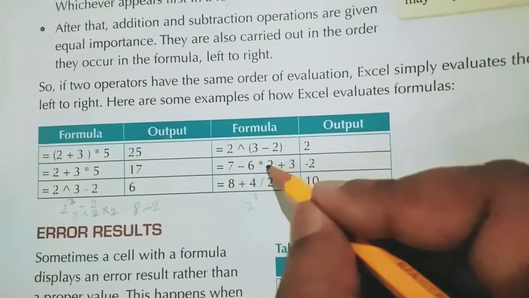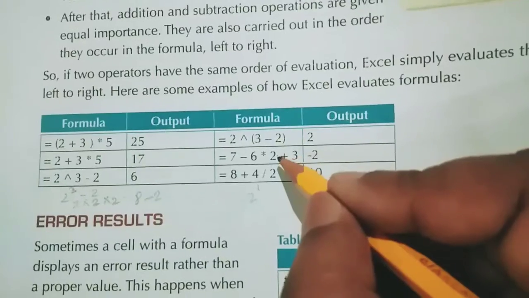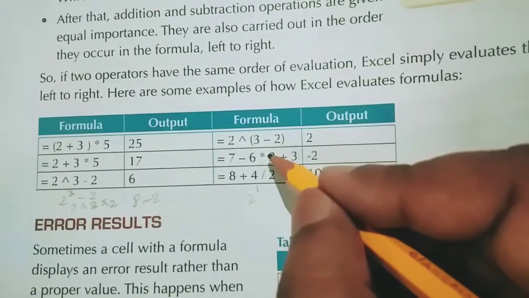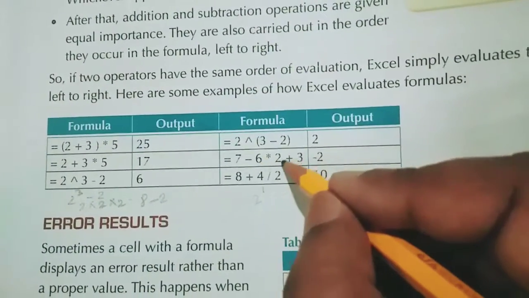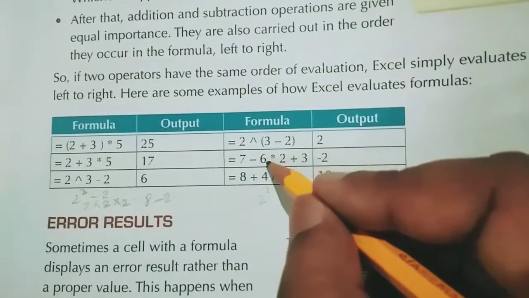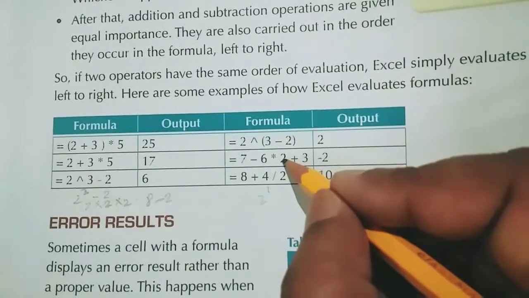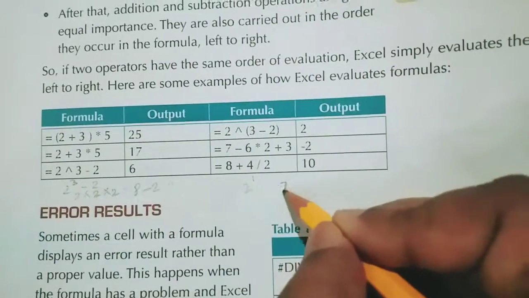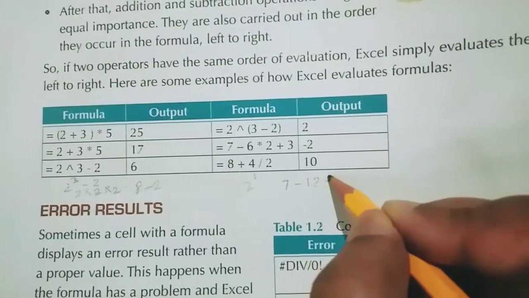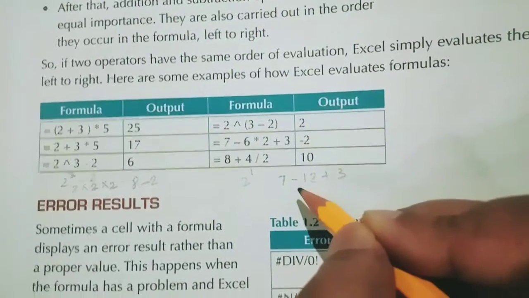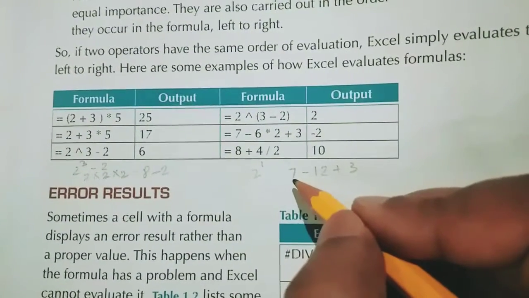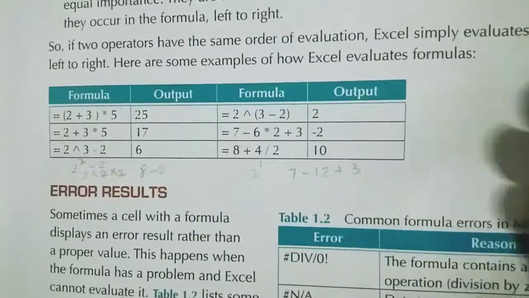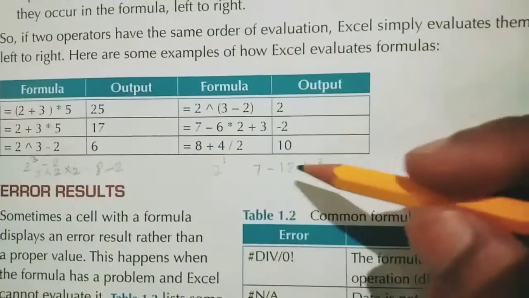Then 7 minus 6 into 2 plus 3. So which has more power? That means which will be performed first? Multiplication will be performed first. So 6 into 2 is 12. Then 7 minus 12 plus 3. Now which will be performed first, addition or subtraction?